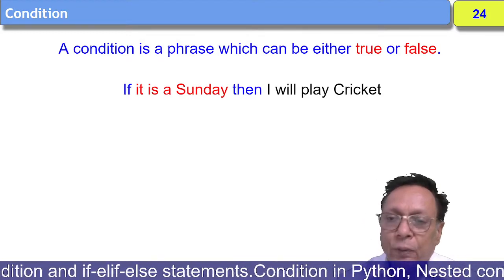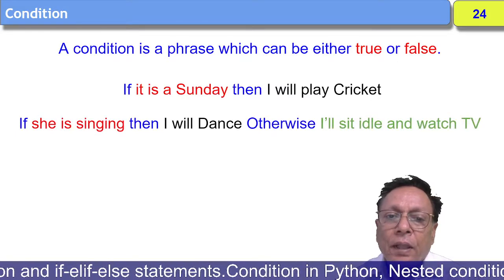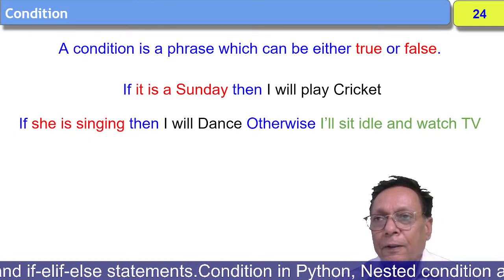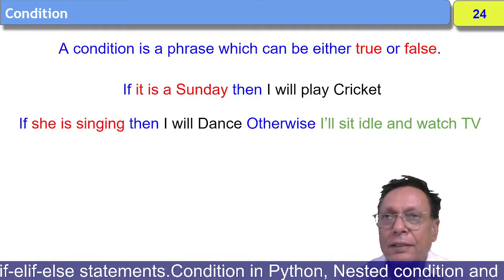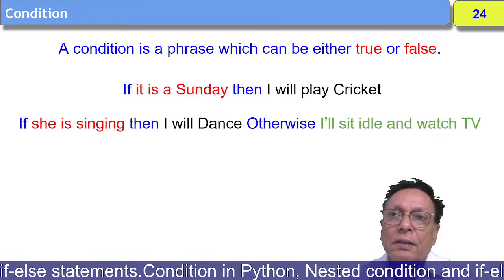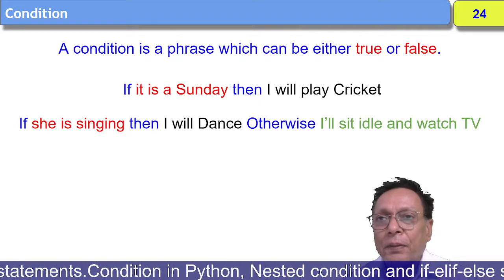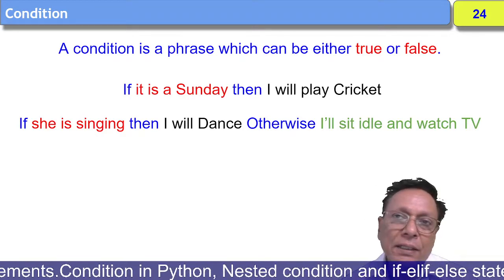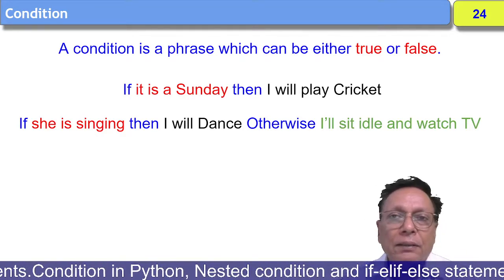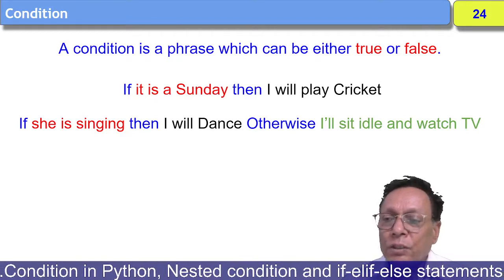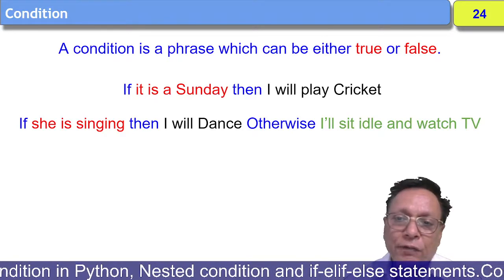Likewise, if she is singing, then I'll dance. So again, there is a condition. I will dance only when she sings. Otherwise, I'll not dance. I'll sit at home and watch a movie or watch TV.